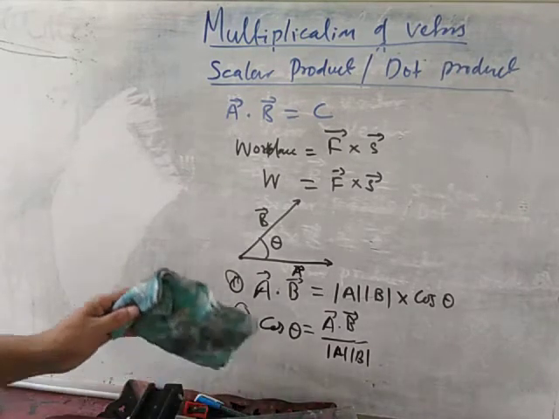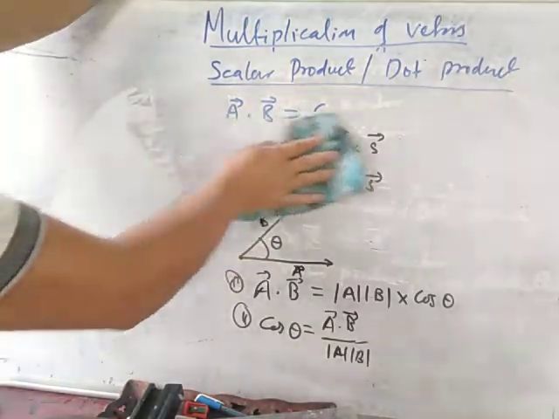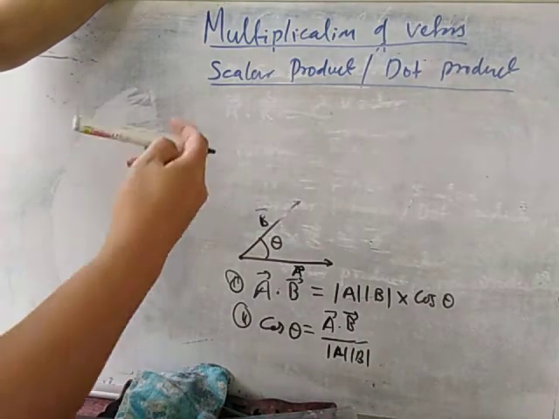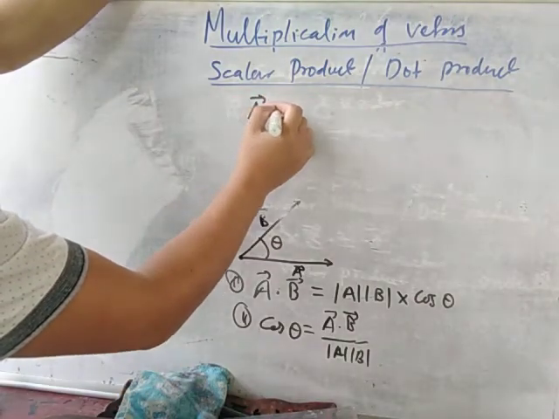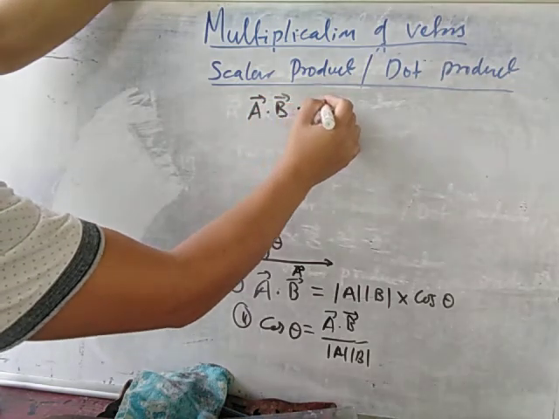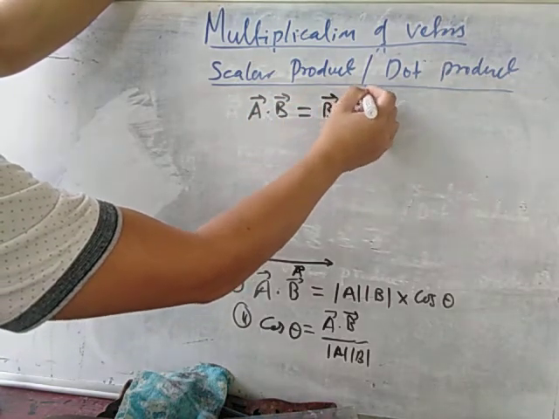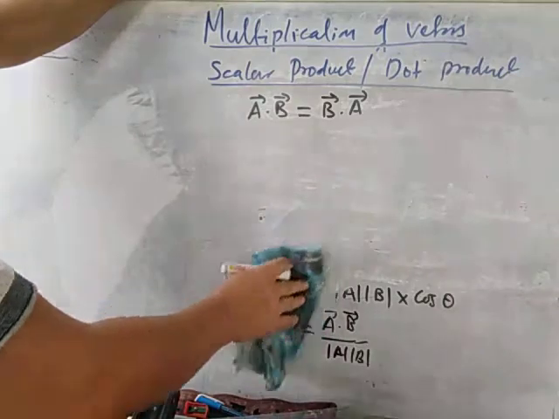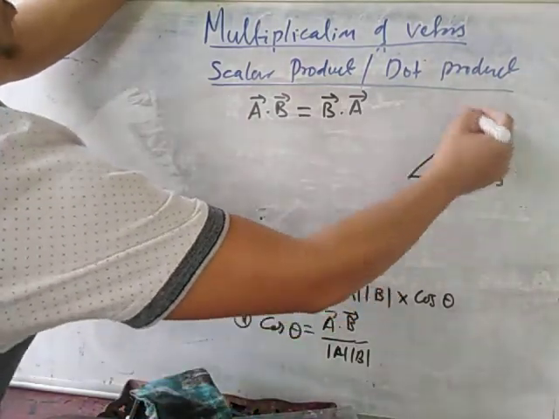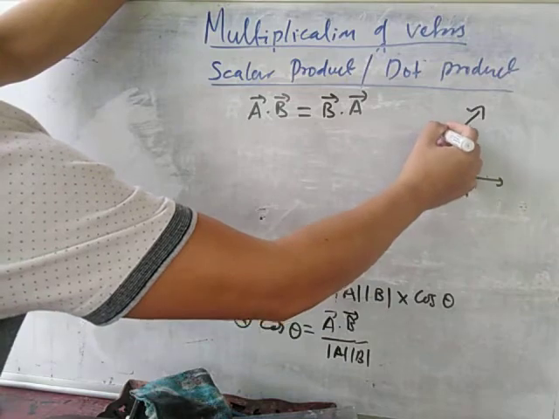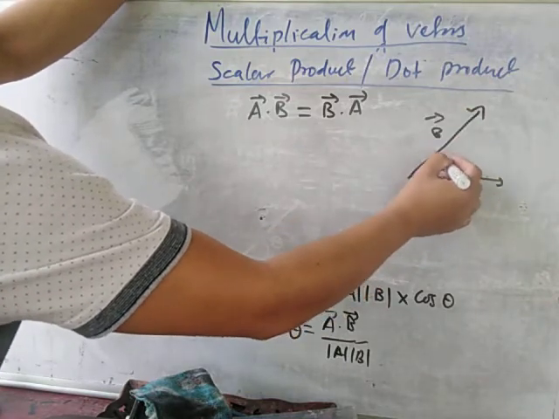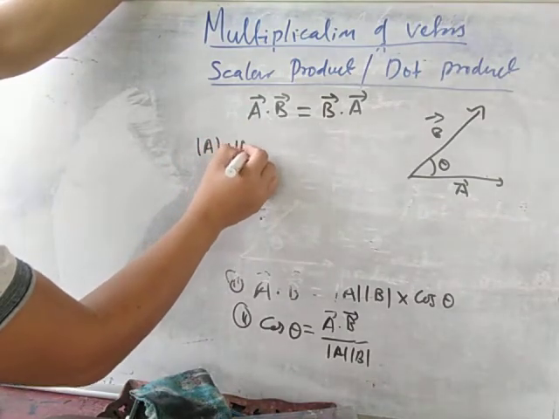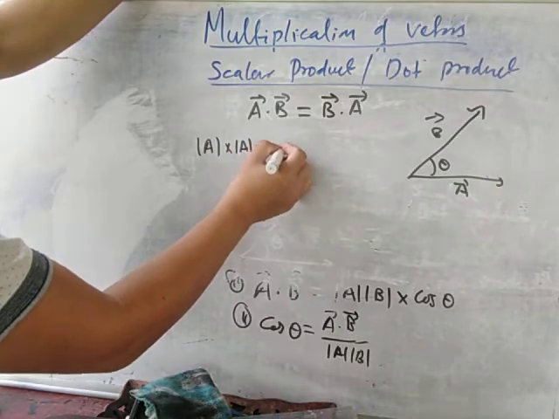Now we are going to find whether this scalar product is commutative or not. So let's see whether A dot B equals B dot A or not. Let us take the same figure. So these are the vectors A and B, and this is theta. So first, A dot B equals mode of A into mode of B into cos theta.